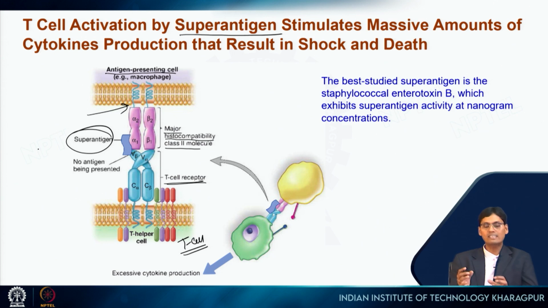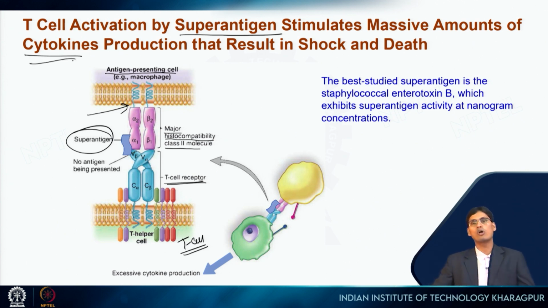They somehow activate this T cell in a massive manner, and as a result a lot of cytokines will be produced and it will cause the problem. One of the best studied superantigens is Staphylococcus enterotoxin B. This is a superantigen which exhibits superantigen activity at nanogram concentration. So as you can see, it's very toxic at nanogram concentration, right?